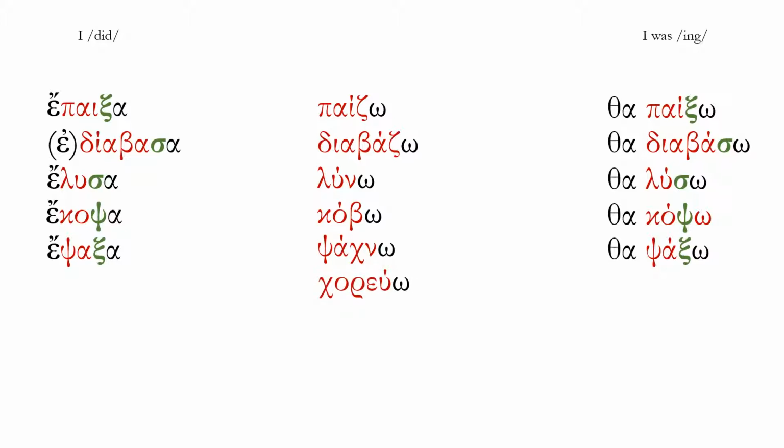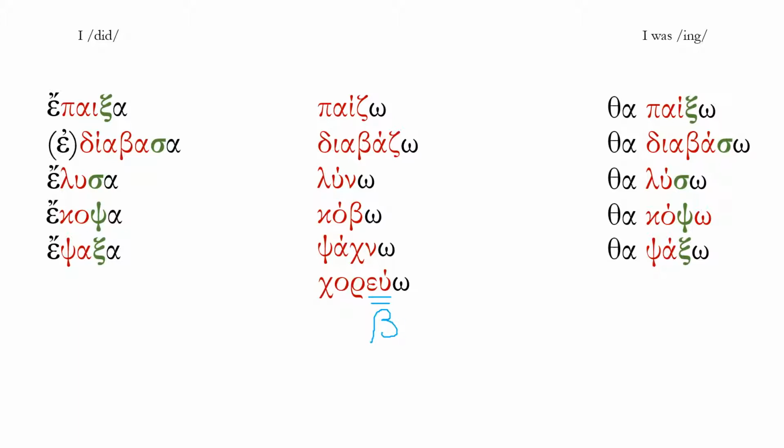Χορεύω, I dance. Now you'll notice that before the omega, there is no consonant here. But there is a consonant sound because epsilon and upsilon make an ev or an f sound. So we have to imagine that there's something like a vita here.